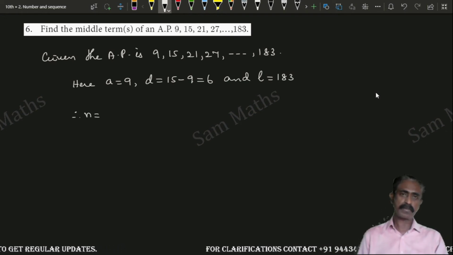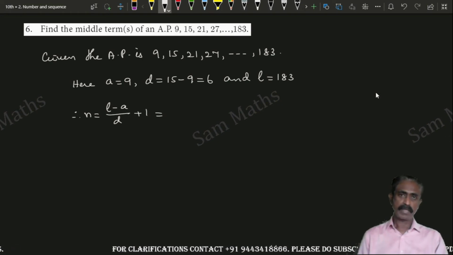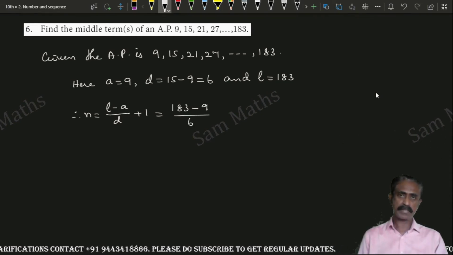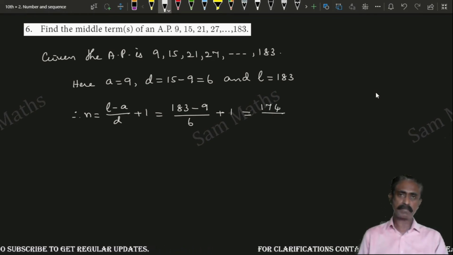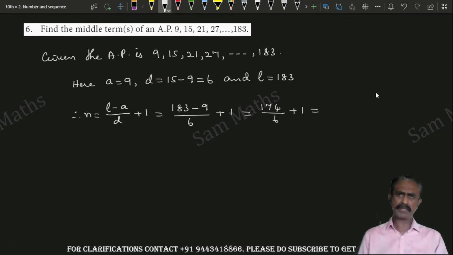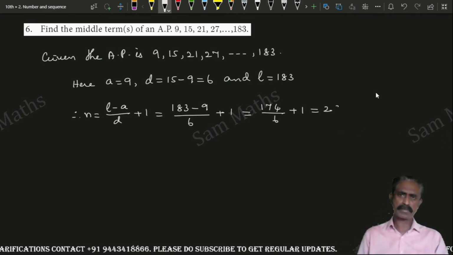Therefore, n is equal to, you know the formula, L minus A by D plus 1. The last term is 183 minus A value 9 divided by D is 6 plus 1, which is equal to 183 minus 9, that is 174 divided by 6 plus 1, which is equal to, 6 times 29 is 174, so 29 plus 1 is equal to 30.